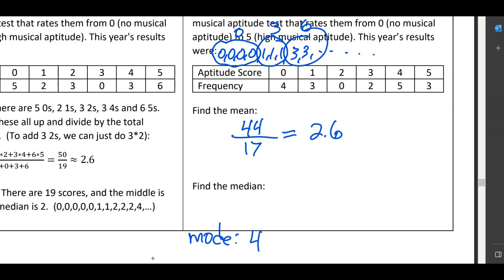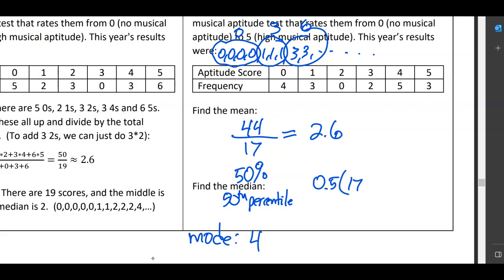Now, the median. The way to find the median is basically the median is at the 50th percentile. To find the 50th percentile, we work out 0.5, 50th percentile in decimal form, times how many there are.